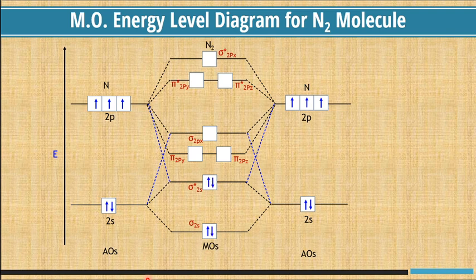Sigma star 2s occupies 2 electrons, pi 2py occupies 2 electrons, pi 2pz occupies 2 electrons, and sigma 2px occupies 2 electrons. So in the case of nitrogen, there are 8 electrons in the bonding molecular orbitals and 2 electrons in the antibonding molecular orbitals.